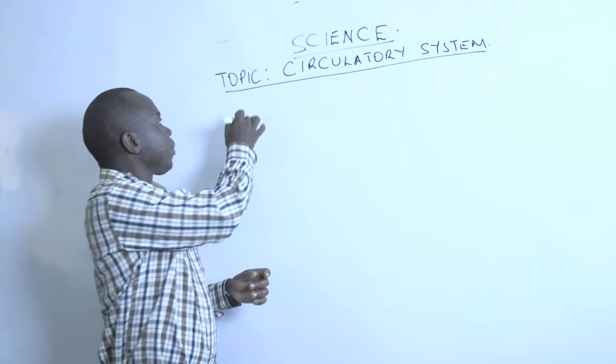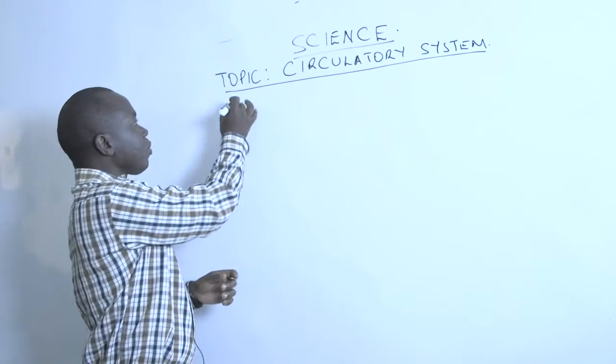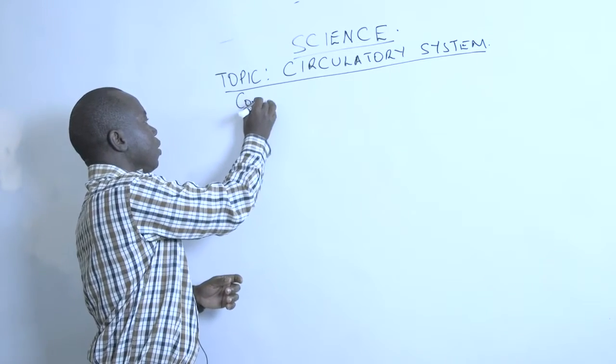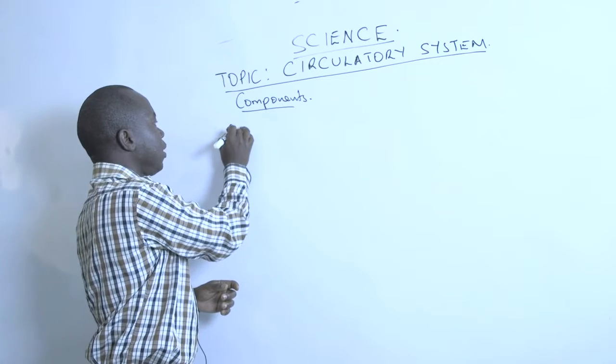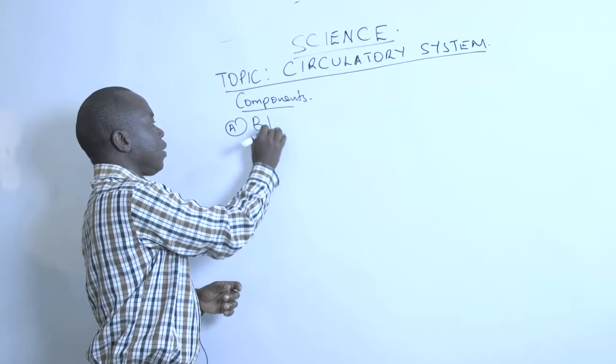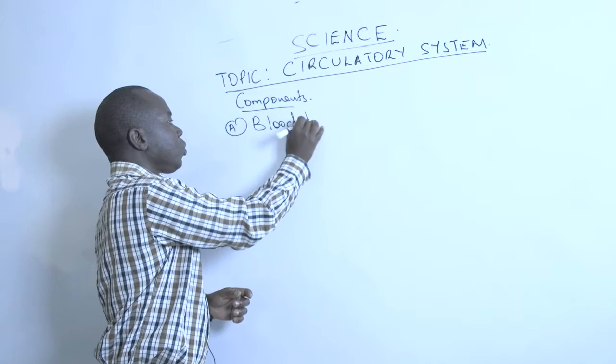So what makes up a circulatory system includes blood tissue.